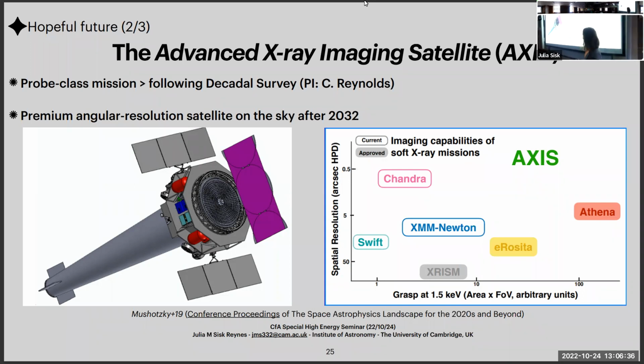It ought to be one of the premier angular resolution satellites in the sky in the 2030s. And you can see here where AXIS and Athena lie in this graph compared to current missions. I just want to highlight that AXIS should really be somewhere below Chandra in this graph.